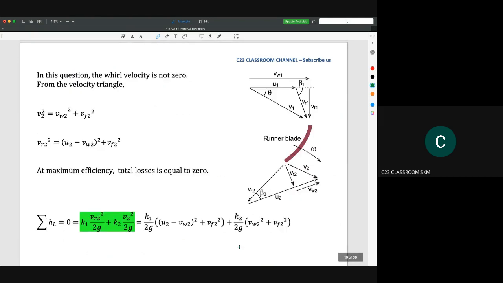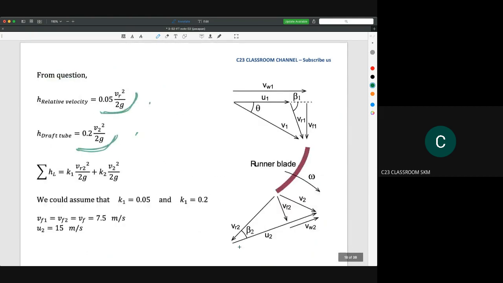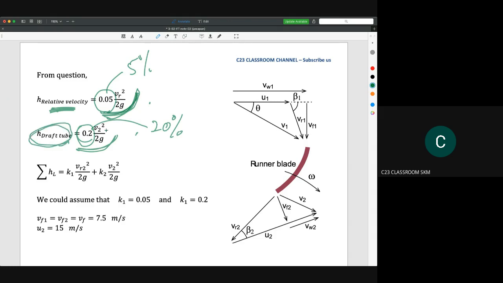That's why in this equation we assume that 0.05, which is 5%, belongs to VR2, the relative velocity, and 0.2, which is 20%, belongs to the draft tube. So the draft tube here is the actual velocity.